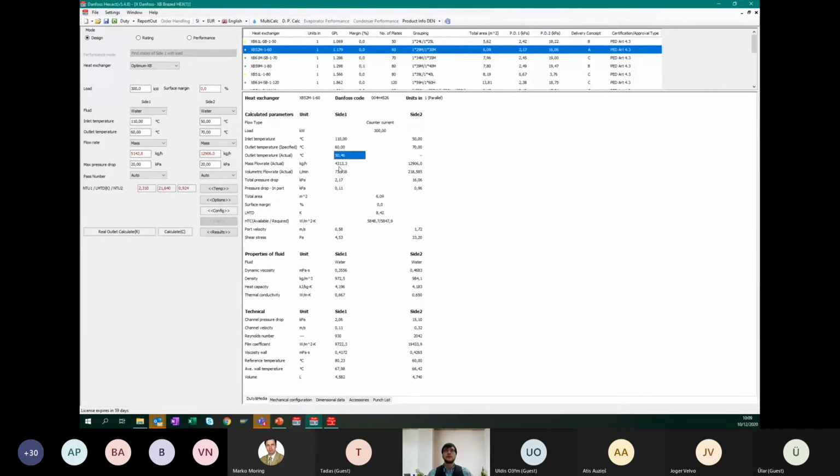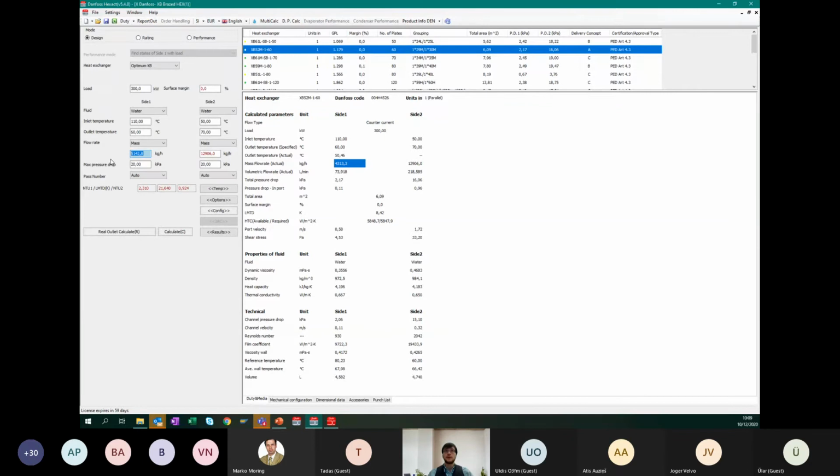That means that this surface margin in this case is a completely safe thing, and it only gives a benefit to the whole district heating network. But what I need to take into consideration is the fact that my surface margin changed my primary outlet from 60 to 50, and I need to use now for the design conditions of my welf this flow rate, 4,300 kilograms per hour, not the flow rate from 110 to 60, which will be 5,100 kilograms per hour.